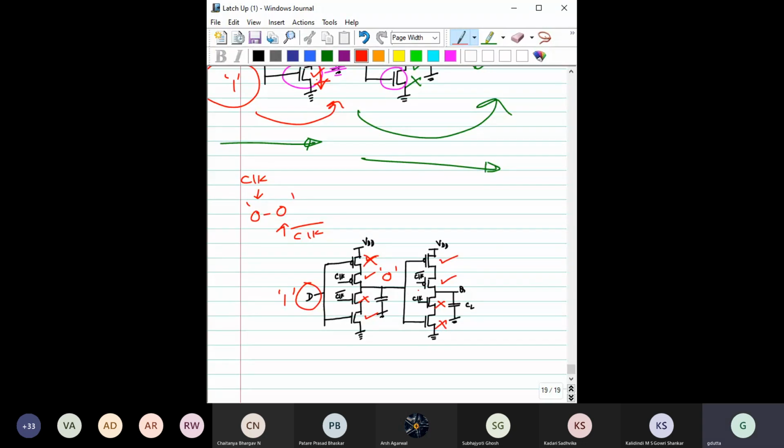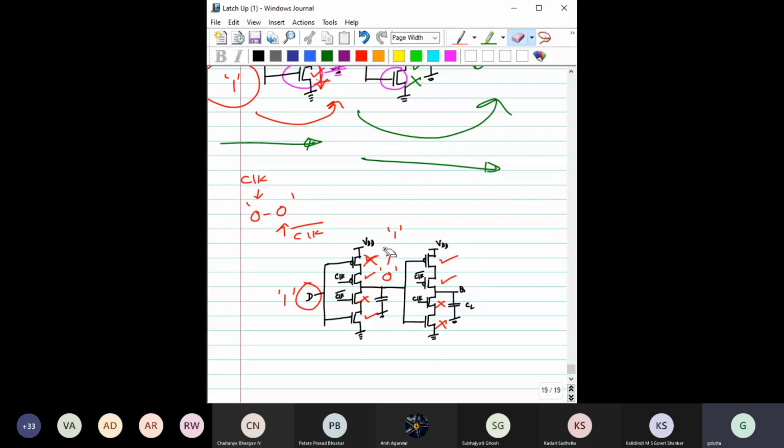And suppose by any noise this 0 becomes 1, is it still possible that, suppose by some means, I think it's already 1.